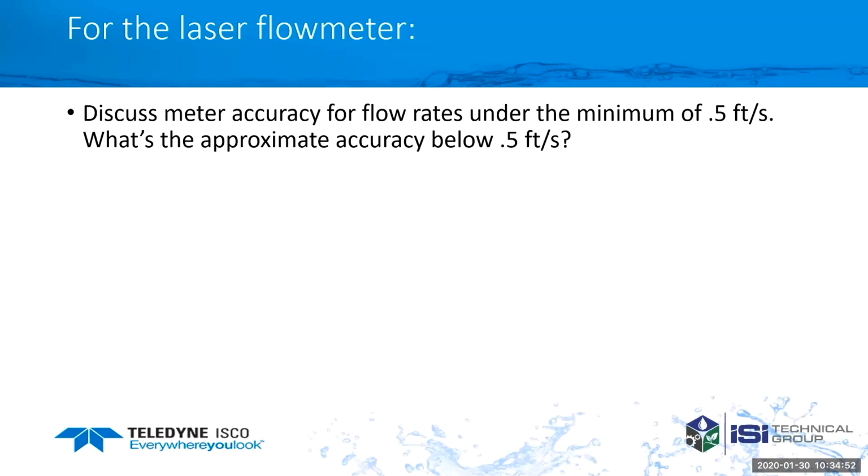Another question that came in was, discuss the accuracy of flow rates under the minimum 0.5 foot per second. So as far as our testing and verifications, all been done down to 0.5 foot per second. I do not have accuracy specs below that. However, we have had lots of applications that have read velocities slower than that, all the way down to 0.15 foot per second.